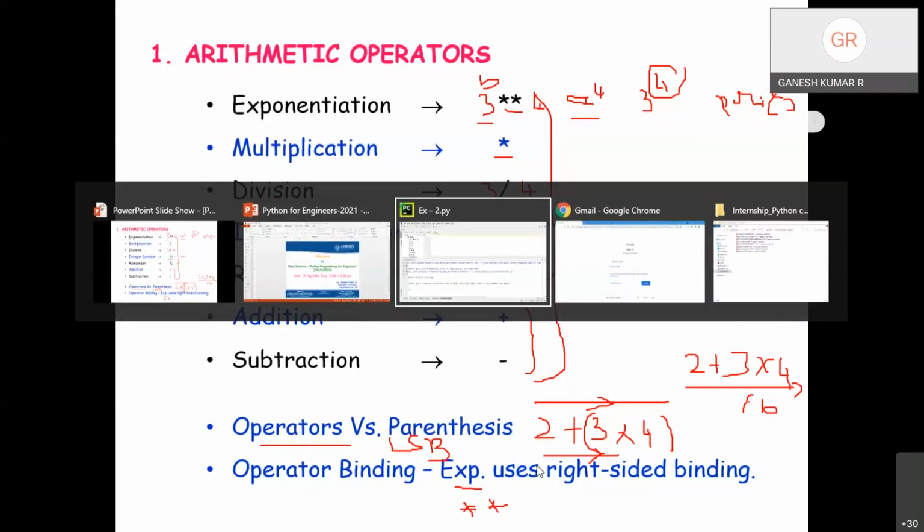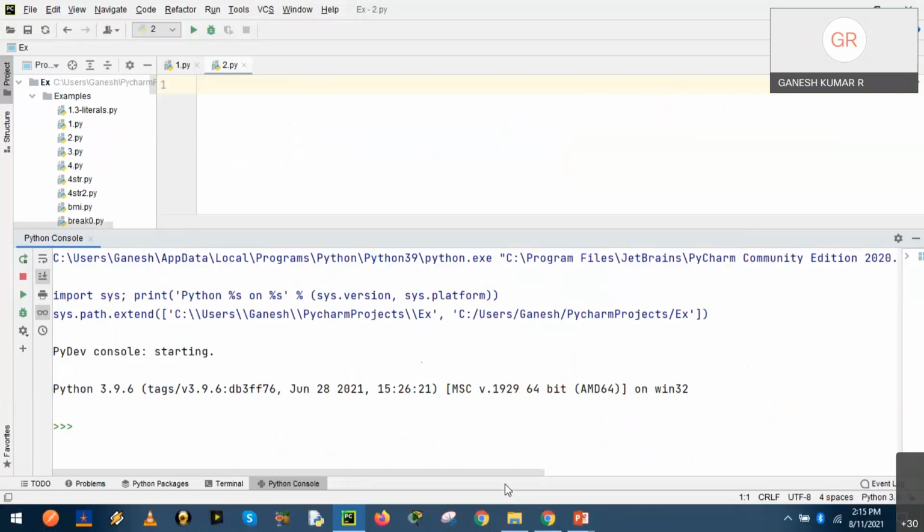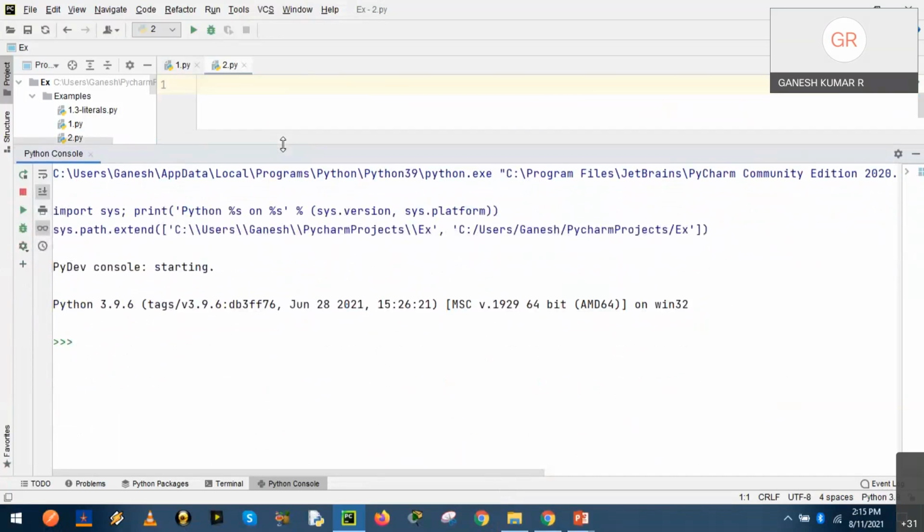I have opened the PyCharm editor. So we start with the first operator, arithmetic exponentiation. Since it is a single line statement, let us use the Python console, which could be extended for better visual display. So we start with the arithmetic operator exponentiation: print 2 double asterisk 3.